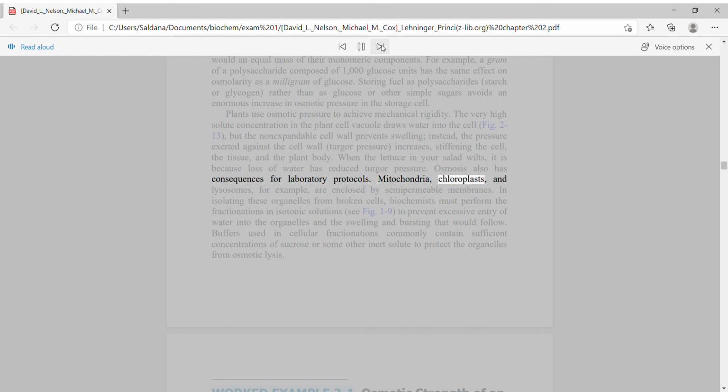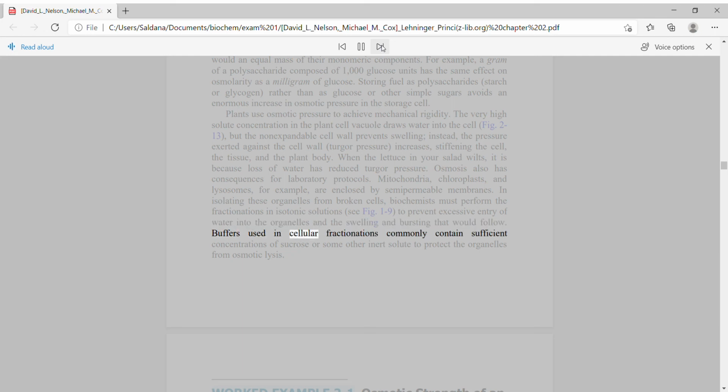Mitochondria, chloroplasts, and lysosomes, for example, are enclosed by semi-permeable membranes. In isolating these organelles from broken cells, biochemists must perform the fractionations in isotonic solutions, see Fig. 1-9, to prevent excessive entry of water into the organelles and the swelling and bursting that would follow.